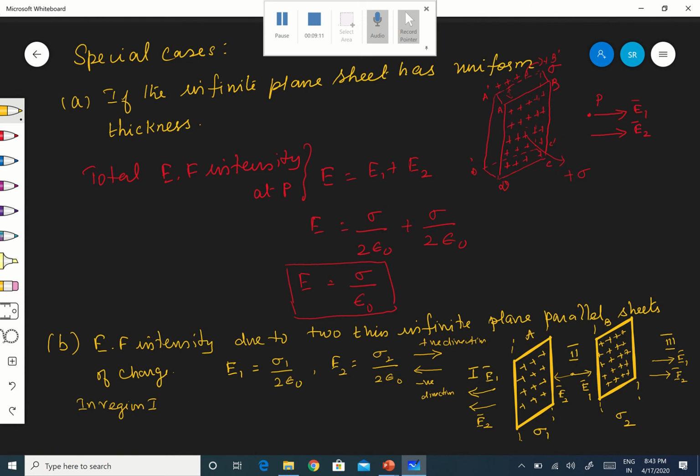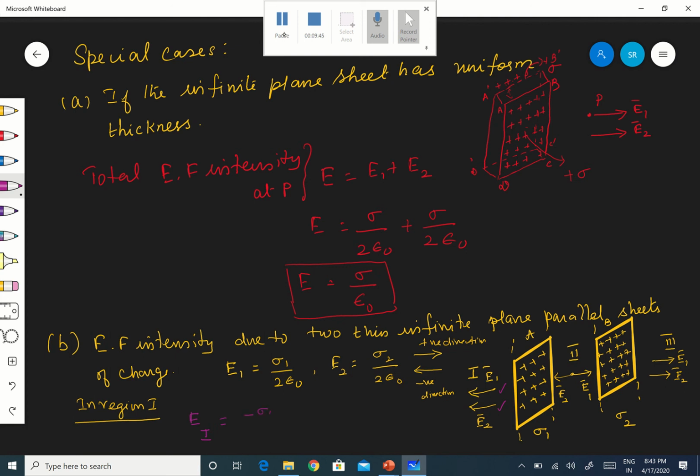Therefore, in region 1, what is the direction of the electric field here? Here it is from right to left. Both are in the same direction, so both electric fields E1 and E2 are negative, because it is from right to left.